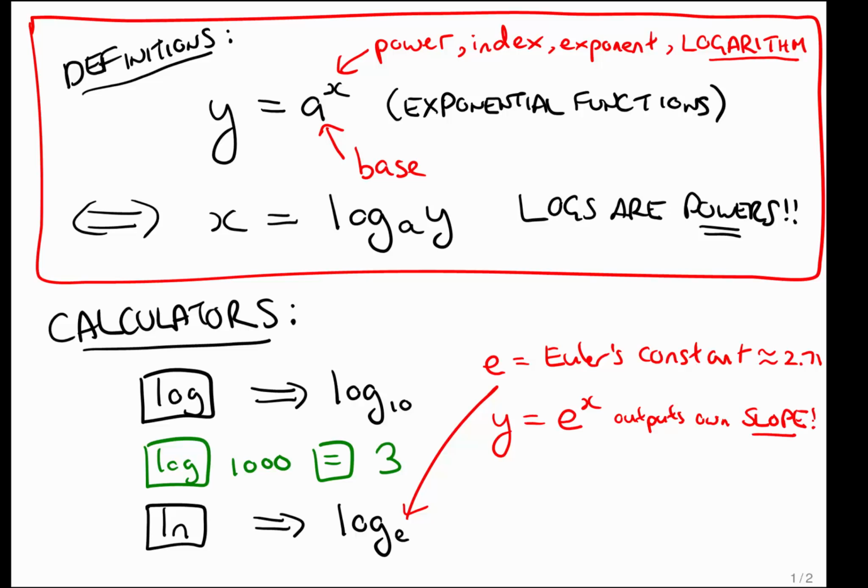That is, for every x value you throw into the function y equals e to the x, sure, you get its y value. But this y value also turns out to be precisely the slope of the function at that point too. The idea of slopes for general functions will soon be formalized when you begin your studies of the differential calculus, which is one of the core components of this unit.